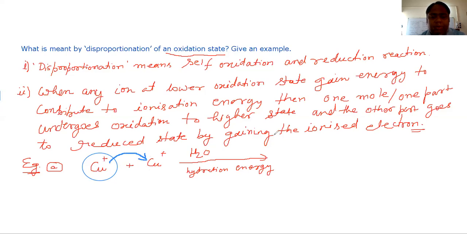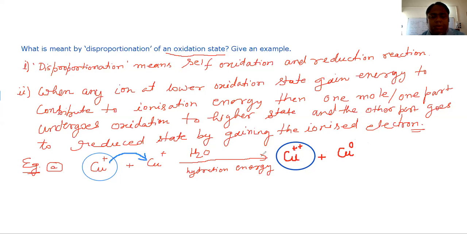As a result, this will form Cu plus plus and this will form Cu0. So it is higher oxidation state and this is reduced state.